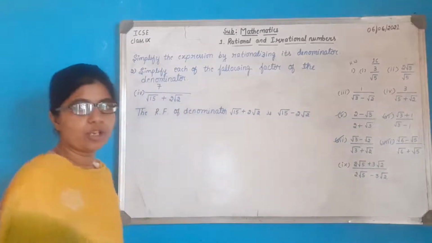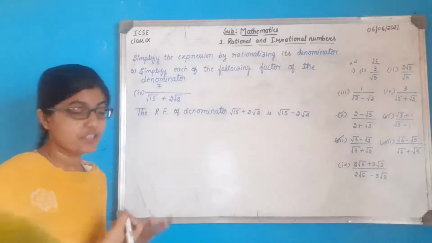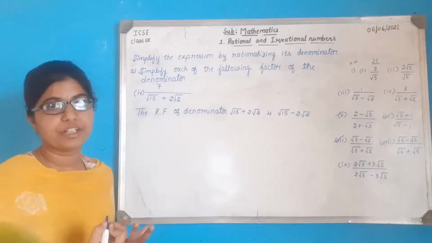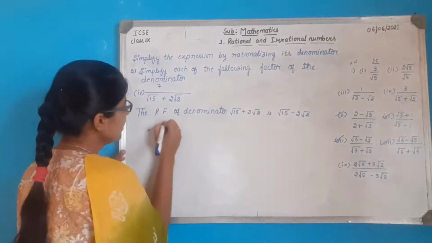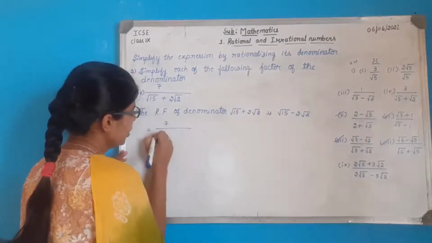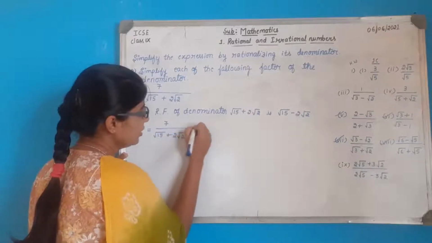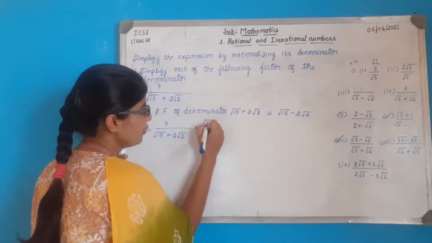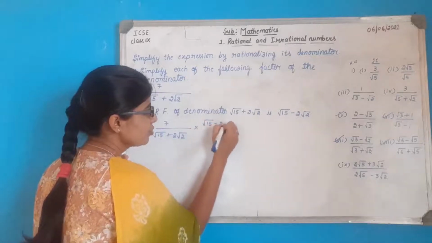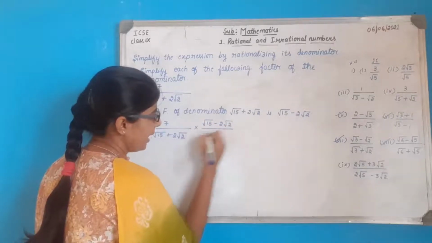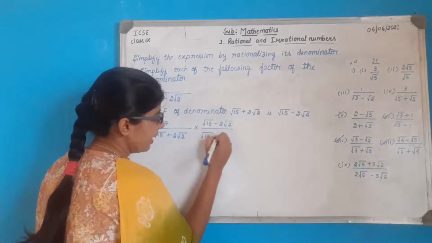Again the same methodology. So multiply this rationalizing factor to both the numerator and denominator, so that 7 divided by root 15 plus 2 root 2 into root 15 minus 2 root 2 divided by root 15 minus 2 root 2.